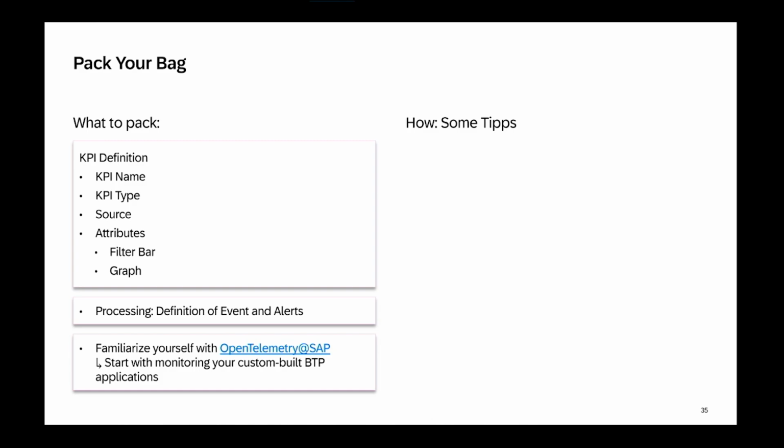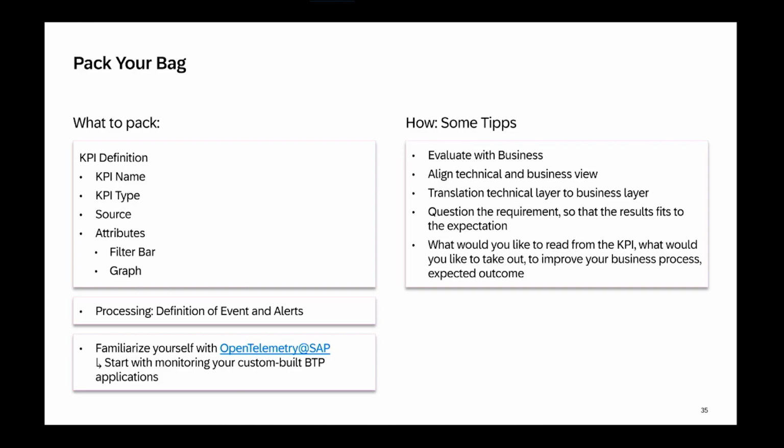Yeah, as I promised, we also have some tips for you, some of which might go without saying, some of which might be new to you. That's all based on previous projects, on the experience that we gathered in projects with different companies and so on. So first of all, evaluate with business. As in the entire S/4HANA context, this is neither a purely IT nor a purely business topic.